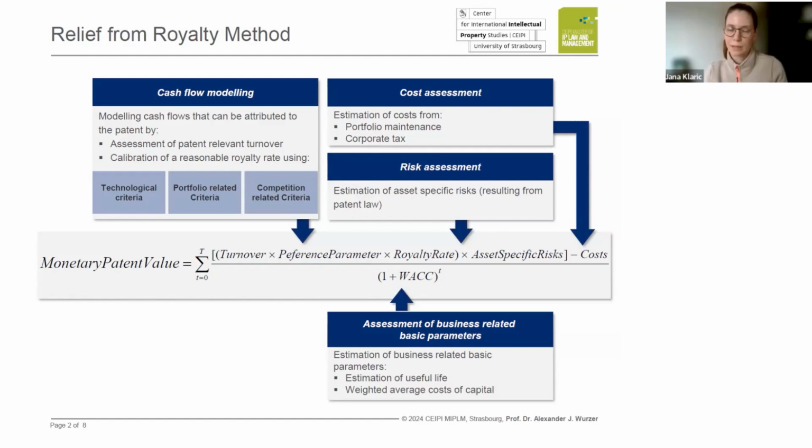Last but not least, the assessment of business-related basic parameters, meaning the weighted average cost of capital, which has been calculated here and will be presented by my colleagues. And the T in the equation, in the last row, relates to the estimation of useful life, which also has to be considered when applying this equation.